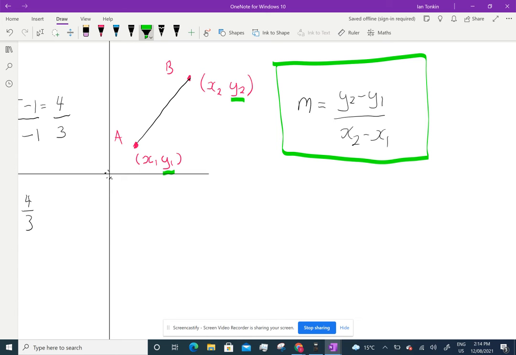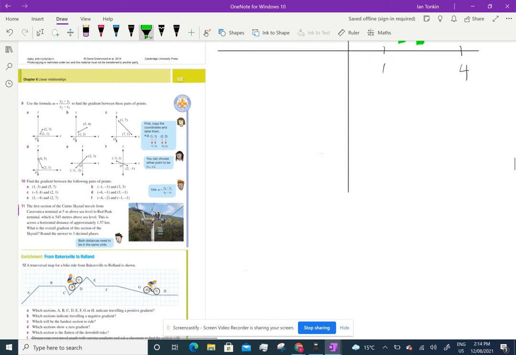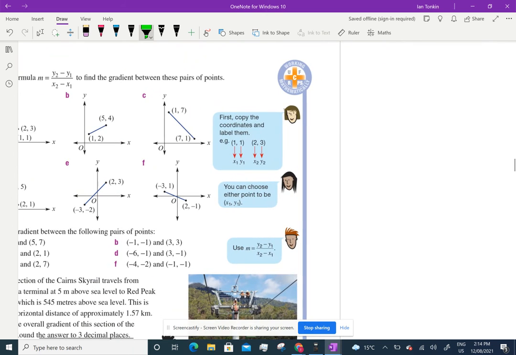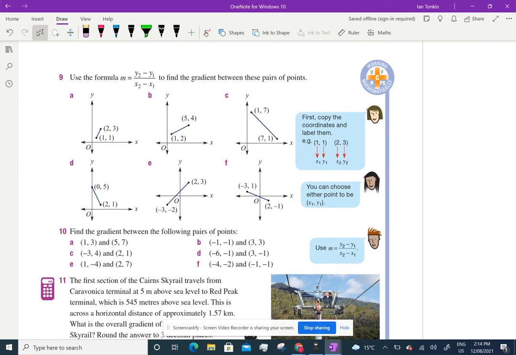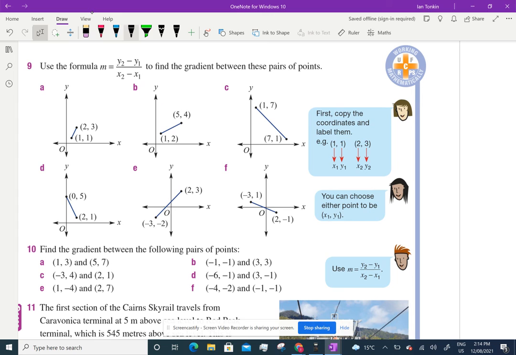Now, if you can use this, you don't even have to worry about positive, negative, or any triangles. So I'm just going to do 2 from here, and I'll show you how it works. So if we were doing 9b, and we were just using the triangles, we go up to there, up to there.